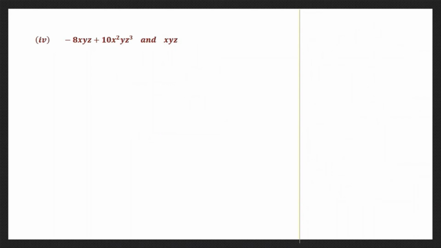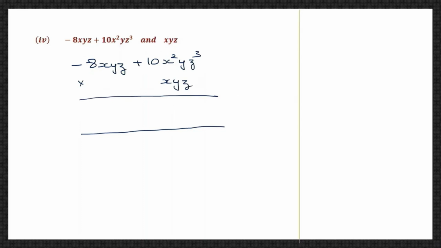Question 4. So here we have minus 8xyz plus 10x square y z cube into xyz. So first let's multiply xyz into this. So let's do that. xyz into minus 8xyz. Okay, so this is 1. So the numbers are 1 into minus 8. Into, let's take the x, there's 1 here and 1 there, so that is x into x.